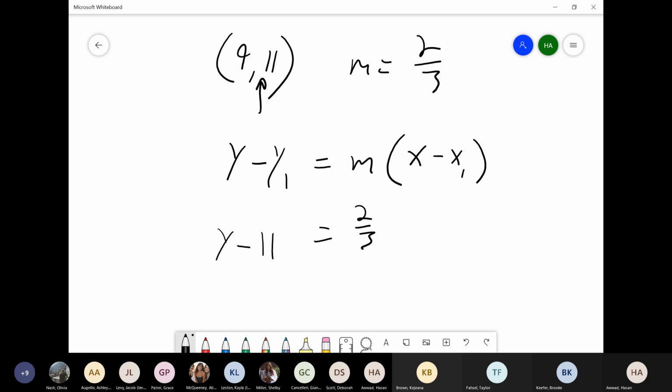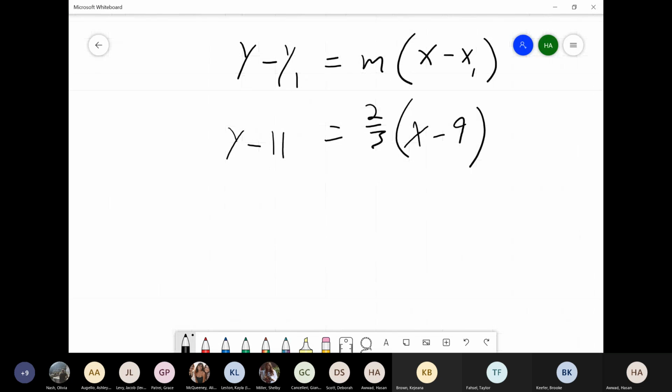That's my y component. And over here we have x minus 9. And now all I have to do is simplify this down a little bit, solve for y, and it'll be in slope-intercept form. Once in slope-intercept form, we'll worry about the rest of the problem. But I just want to get the equation of the line in as simple a form as possible.